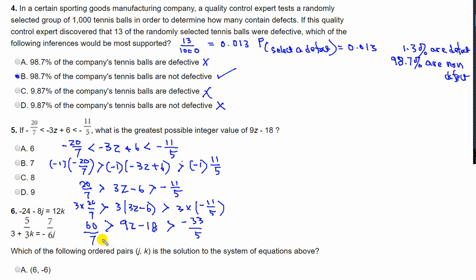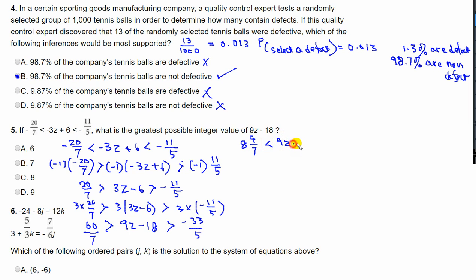Now let's continue from here. Let's convert into mixed numbers. 60 over 7 is 8 and 4 over 7.